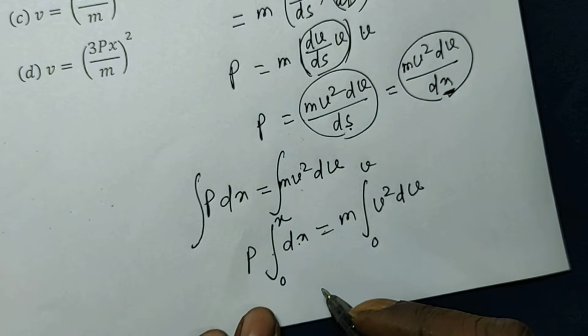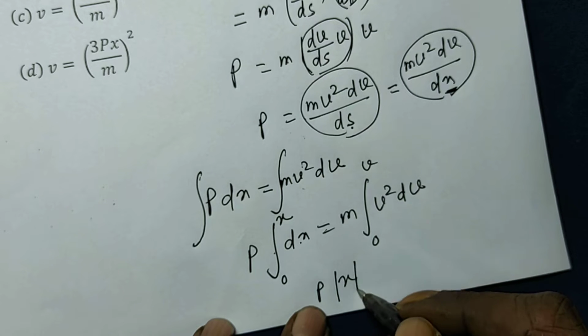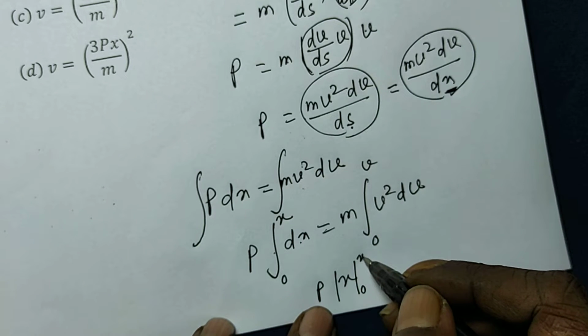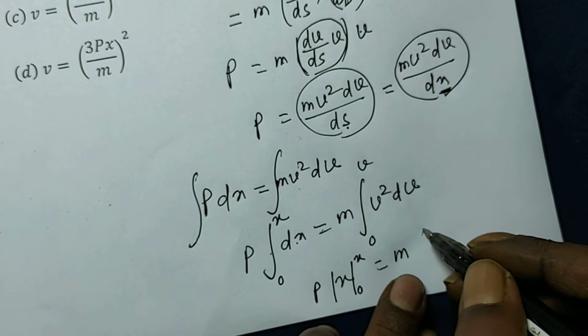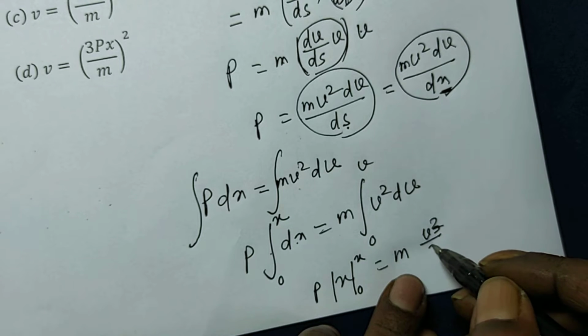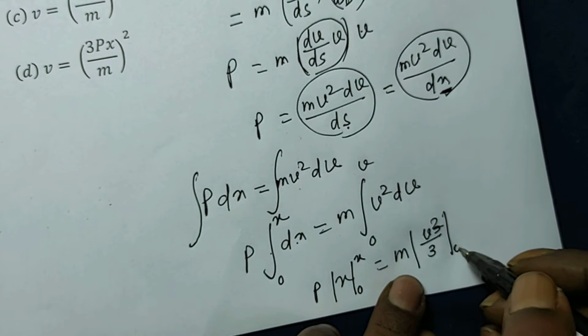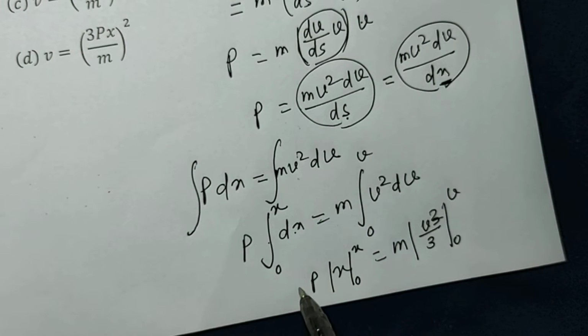Integration of dx is x, so P, then the value of x from 0 to when it has traveled a distance x is equal to m times v cube over 3, its value from 0 to v. Now let me bring it here.